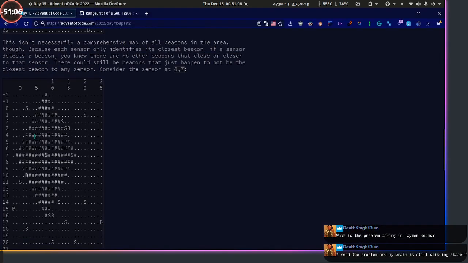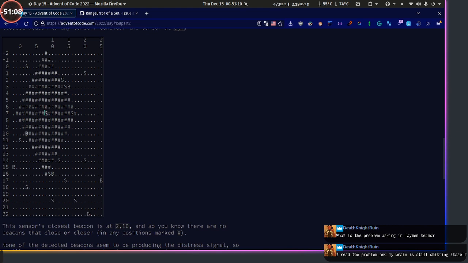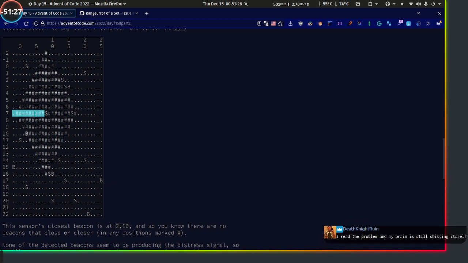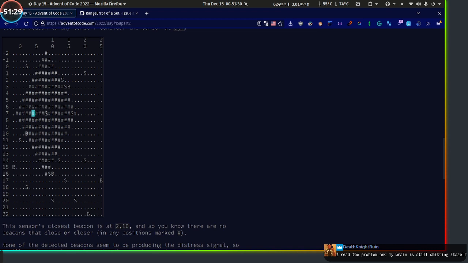Yeah, so basically we have diamonds of every sensor can locate the nearest beacon to it, and there is no overlap rather, in which there is one position that a beacon has not been detected in. You need to find that position. And brute force, like marking all the seen positions where it can't be, and then looping over it, runs out of memory.